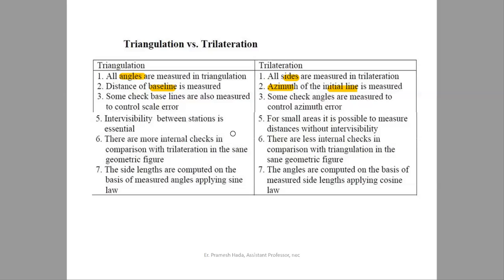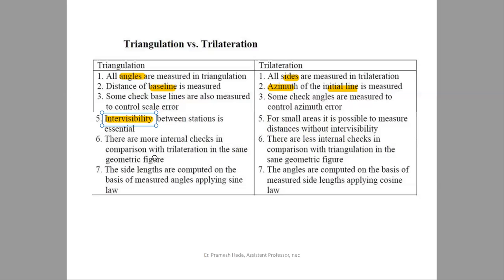So this point is really important. In case of triangulation, it is essential to have intervisibility between two stations, but for small areas in trilateration it is not necessary.